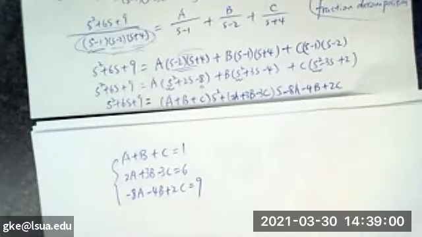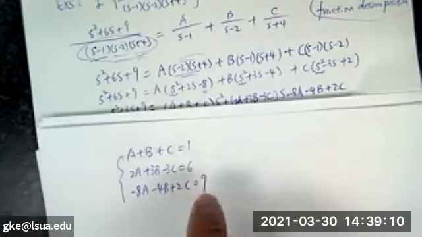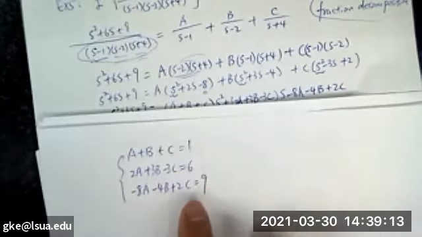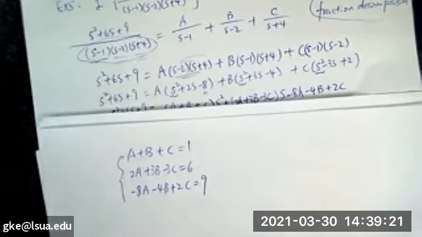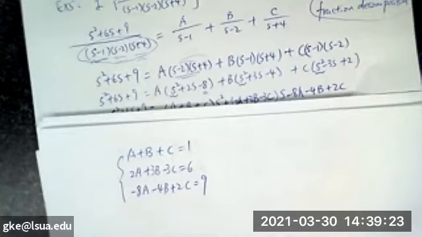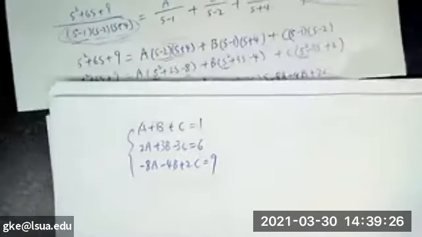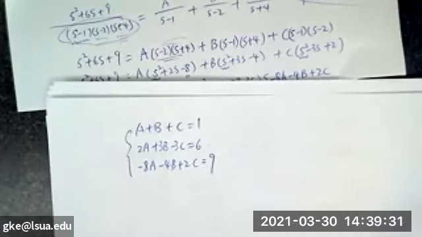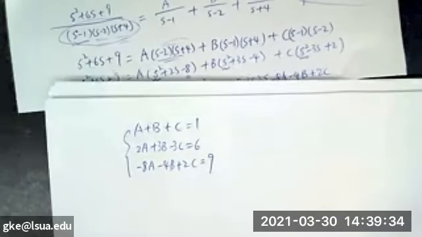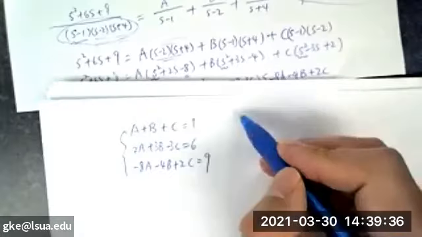Okay. Very good. So now we can tell that here we have 3 equations, 3 unknowns. You are supposed to be able to solve this 3 by 3 equation system. If you know linear algebra, you should be able to solve it, right? 3 by 3 equation. Or if you don't know, you can do such a thing.